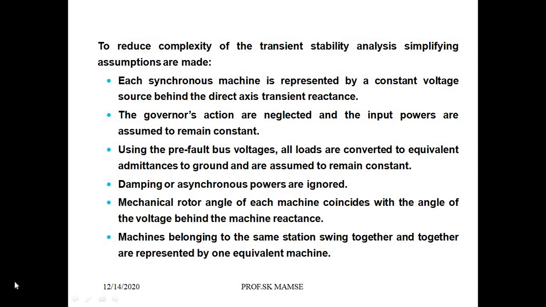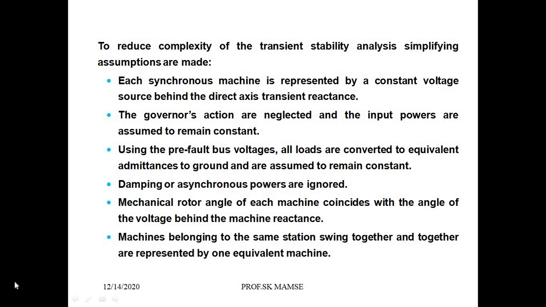Next, to reduce the complexity of the transient stability analysis, simplifying assumptions are made. Each synchronous machine is represented by a constant voltage source behind the direct axis transient reactance. The governor action is neglected and the input powers are assumed to remain constant. Using the pre-fault bus voltages, all loads are converted to equivalent admittance to ground and are assumed to remain constant.